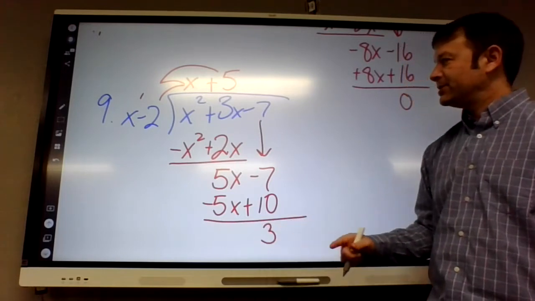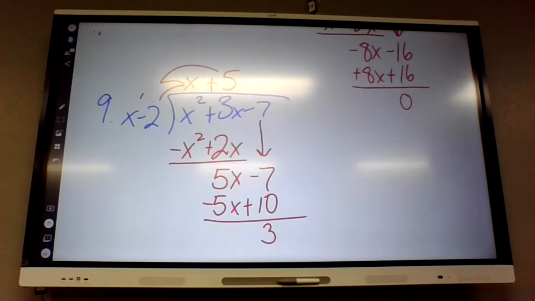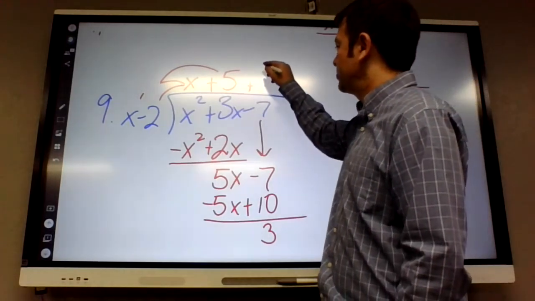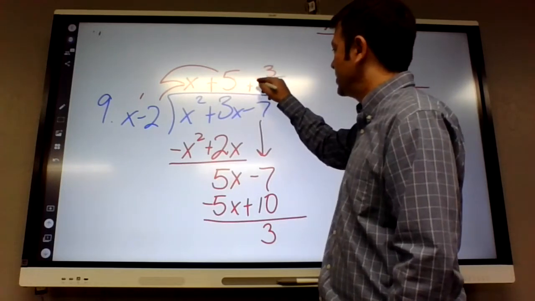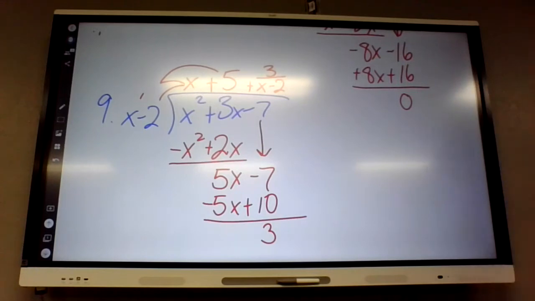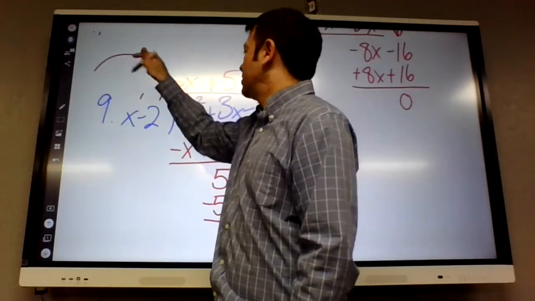Okay, I have nothing left to bring down, that's a remainder. How am I going to write the remainder? I'm going to put plus 3 over the divisor, x minus 2. And this would be the answer.